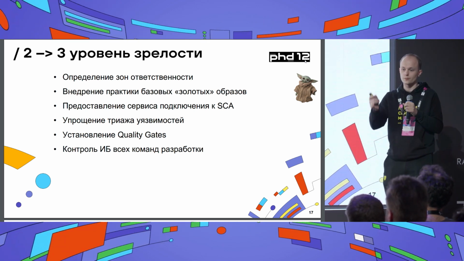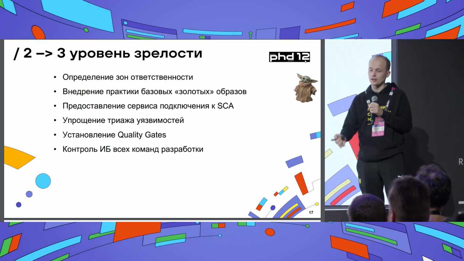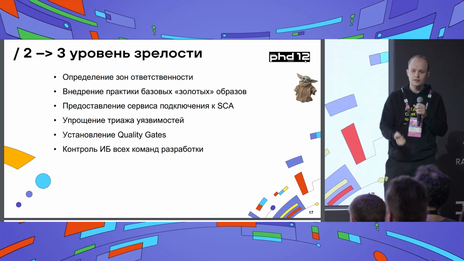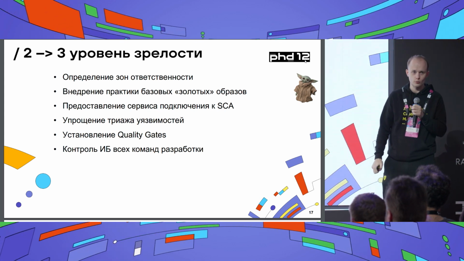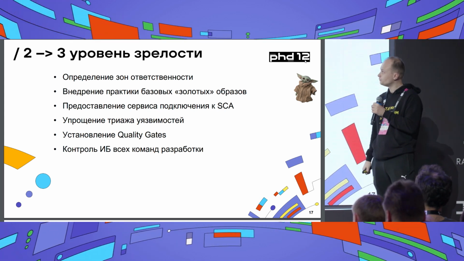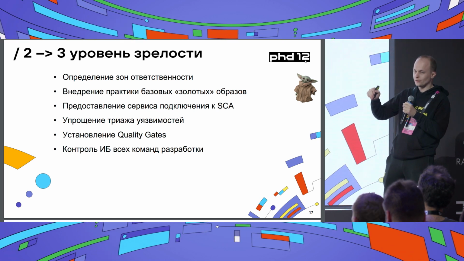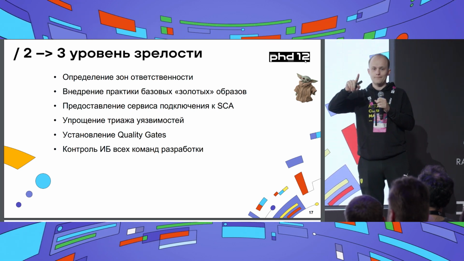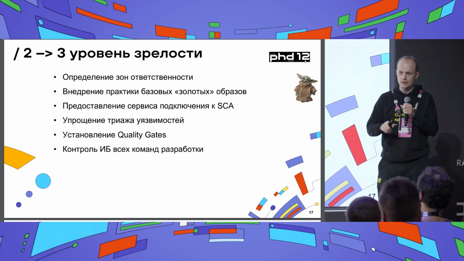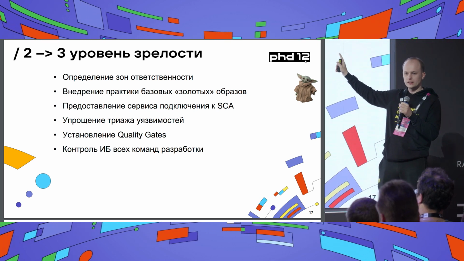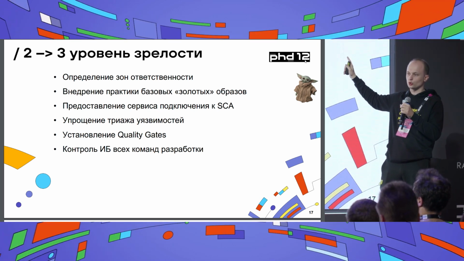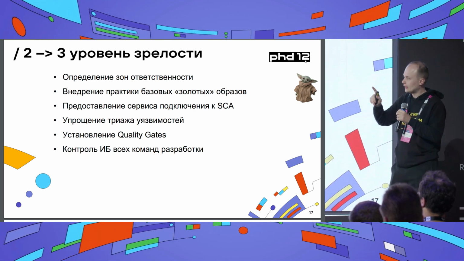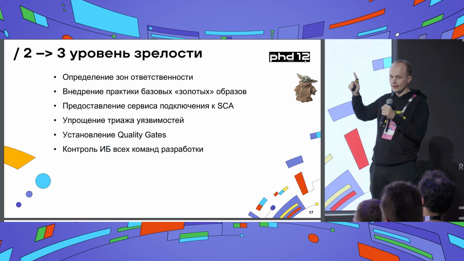Golden basic images. For example, make such images for Python, for Java, for different Java versions. Something that really works. It's important when we install basic golden images to take requirements of all the teams and include all the most popular libraries into that image.